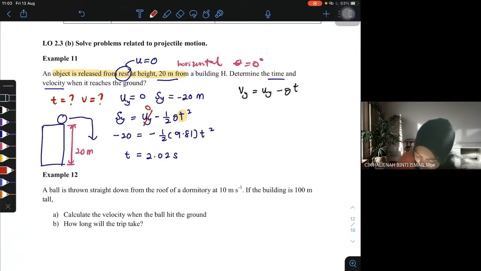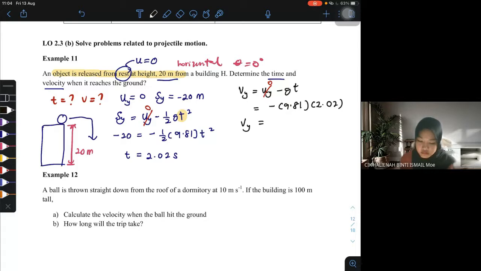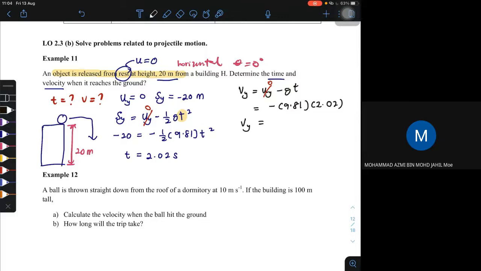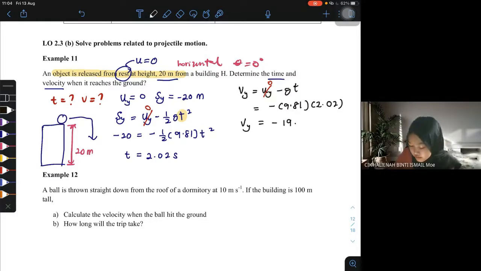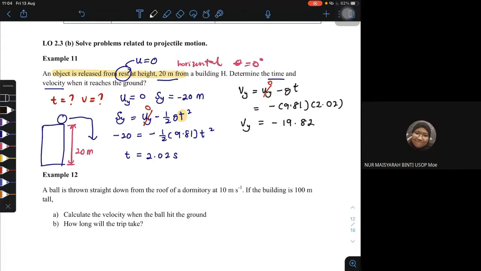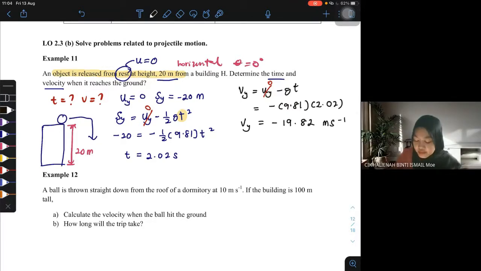So since this one still sama kosong, so kamu boleh dapat negative 9.81. So t akan dapat masukkan 2.02. So vy is equal to negative 19.82. And then unit meter per second.